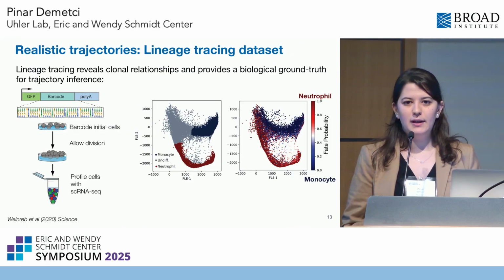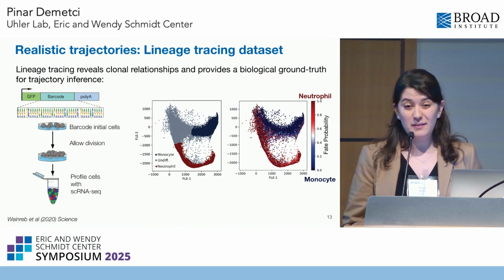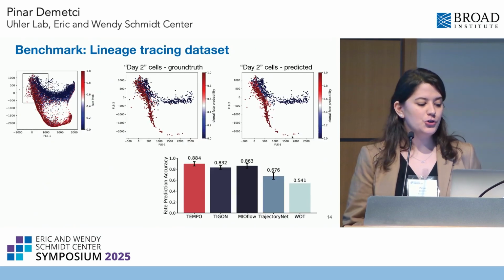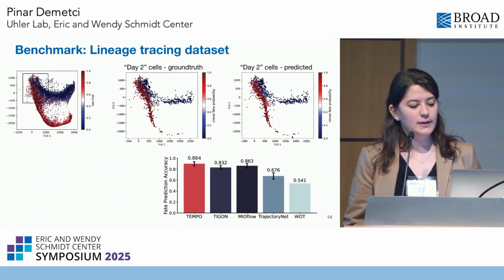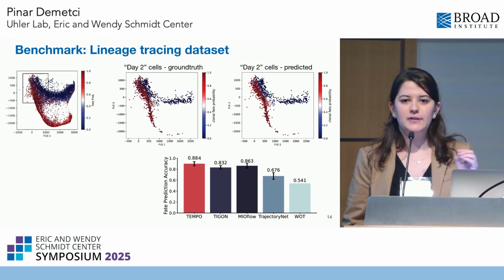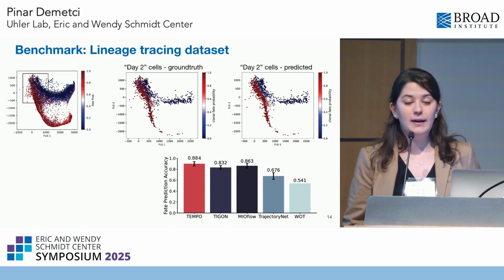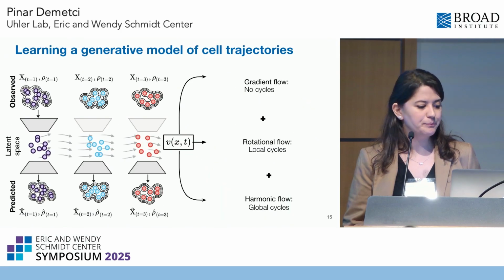So that's not really a good notion of accuracy. The more difficult task is trying to figure out what the progenitors from the initial time points are for each of the cells at the end. And for that, we get close to 89% accuracy.